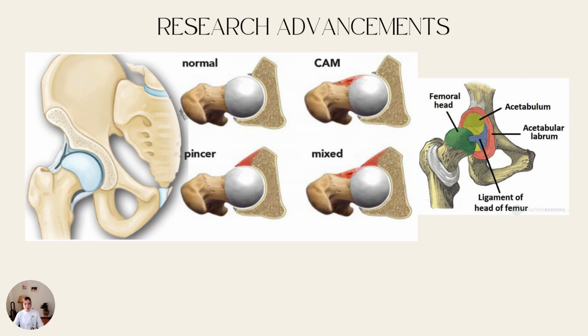On a side note, while cam, which you can see here, is an issue with the ball, pincer impingement is an issue with the socket, and you can have a mix of both if you're quite unlucky. So you're like, okay, thanks, what does that mean for me?